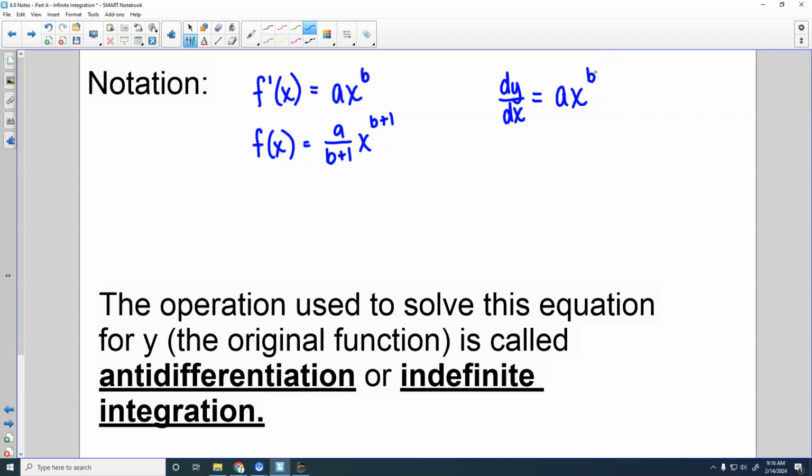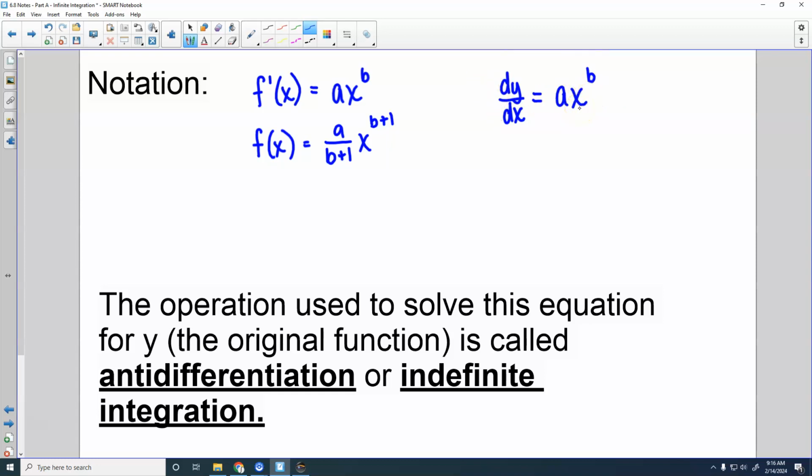So this hopefully will kind of explain a little bit why, whenever we have that integration, we put that dx over there. This is technically what we call a differential equation, and in Chapter 7, we will learn how to do a lot of different things with differential equations. But this is a very, very simple differential equation.